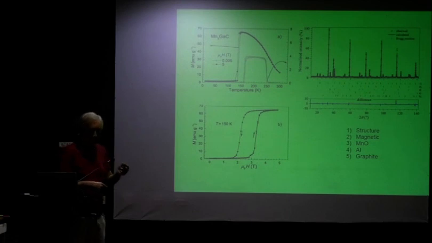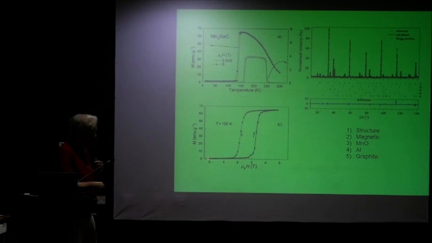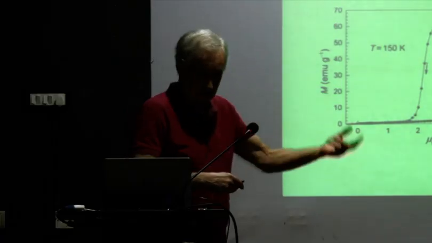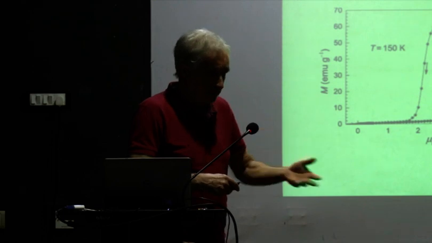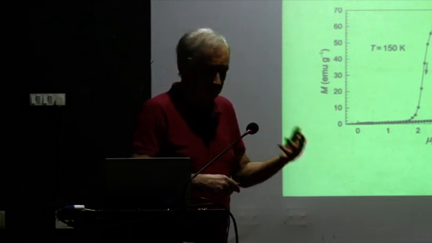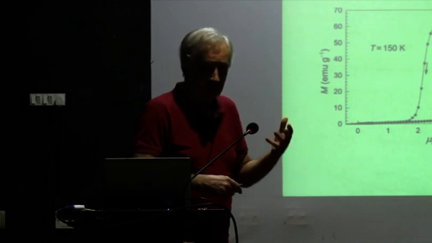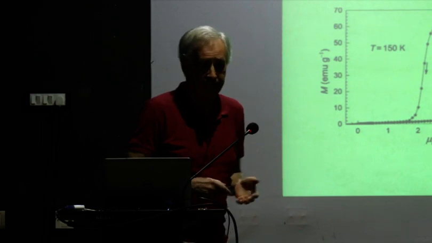I'm sorry, I said temperature dependence. I meant to say field dependence of the diffraction patterns. And as we apply the magnetic field, we'll be inducing a phase transformation, and these should reappear in the neutron diffraction data. And the neutron diffraction data should give us details of what is going on during the transitions.